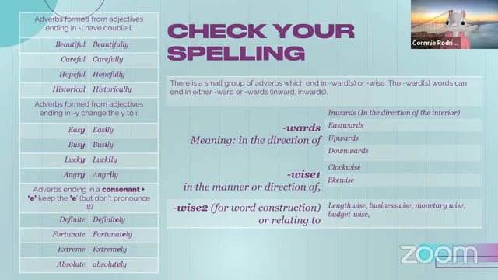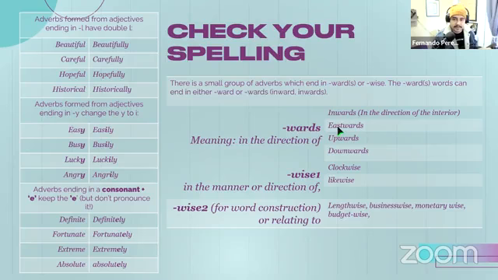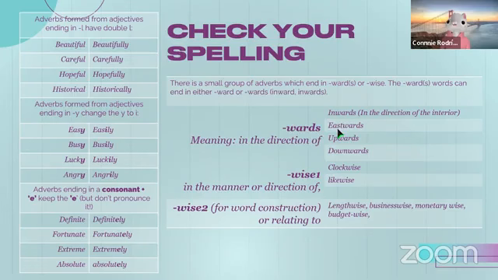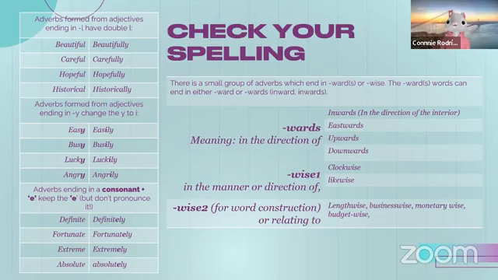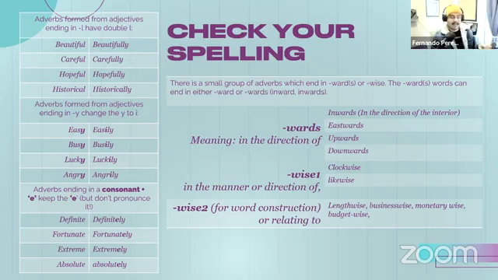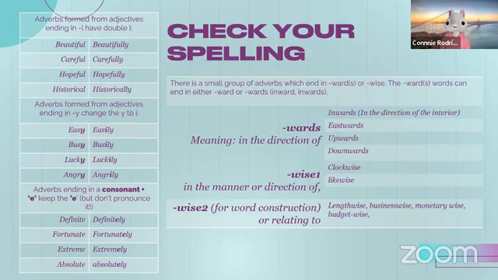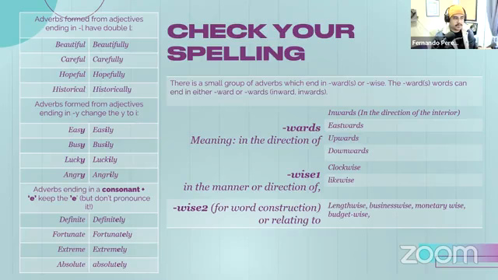Wards meaning in the direction of: eastwards, outwards, downwards. Sorry, again, can you pronounce this one? Eastwards. Okay, that was tricky. Think about the four. Eastwards? Exactly. Eastwards.